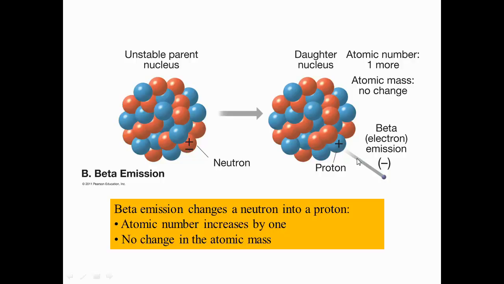But with the emission of a beta particle, an electron, the neutron is then left with only a positive charge, and in this way the neutron converts into a proton. So in the process of a beta emission, the atomic number of the daughter increases by 1, whereas there's no change in the atomic mass because we're simply replacing a neutron with a proton.